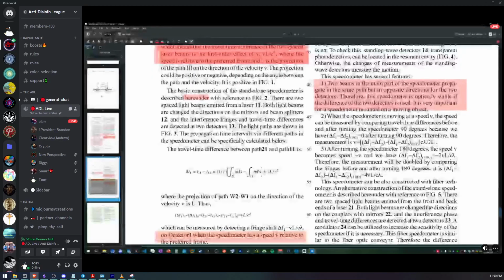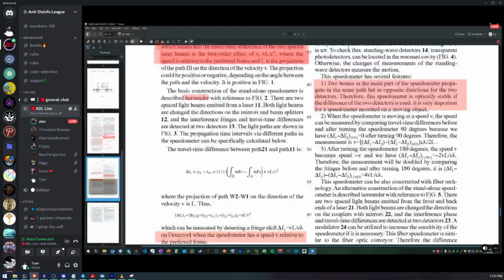Yeah, you're right. When the speedometer is moving at speed v, the speed can be measured by comparing the travel time differences before and after turning the speedometer 90 degrees, because we have delta f sub 1 minus delta f sub 2 at 90 degrees equals 0 after turning 90 degrees.